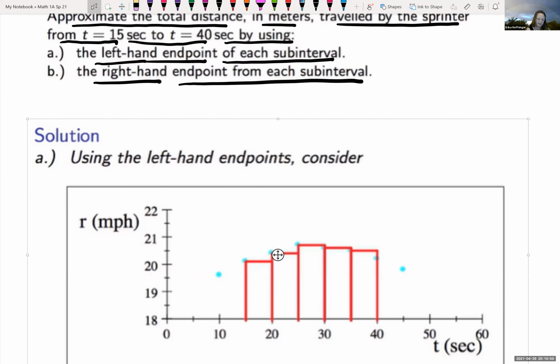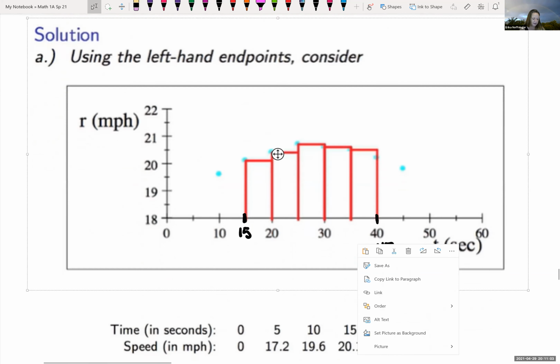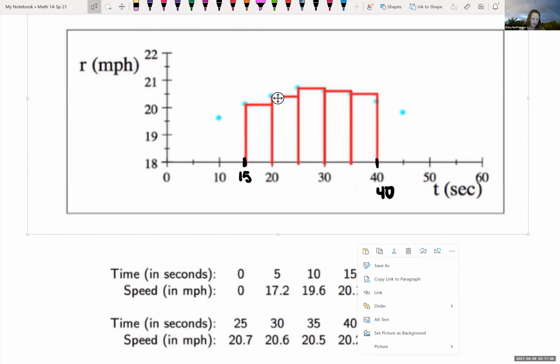Okay, so the first thing that they wanted us to do was look at the left-hand endpoint, and they wanted us to do this from 15 to 40. So what we would do is look at our table and plot our points.